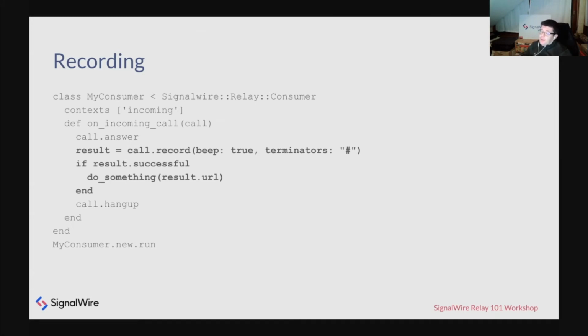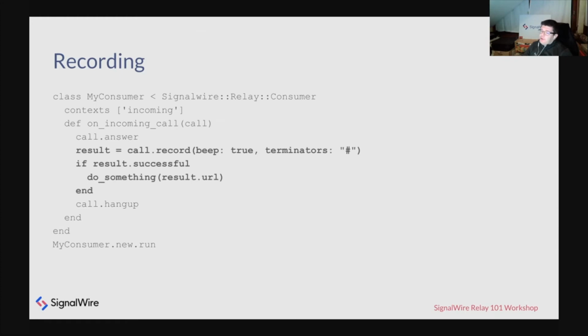Recording. So recording has an ability to be configured in many ways. You can use timeout detection, you can use voice activity detection, or you can use a press terminator. In the case you're seeing here, the recording will terminate when the user presses the pound key, or if the call is actually, I think after 30 seconds should be the default.